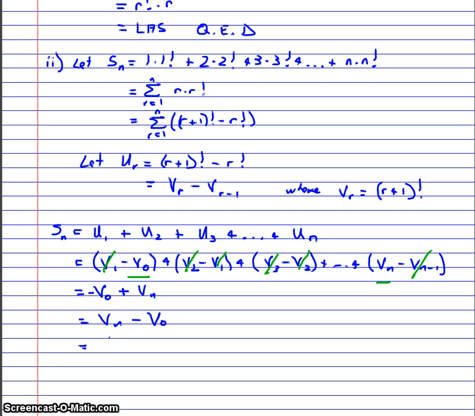Okay, so it's going to be (n plus 1) factorial minus (0 plus 1) factorial. That's (n plus 1) factorial minus 1 factorial, which is 1. And that's our result.